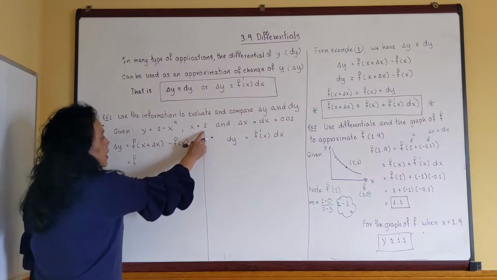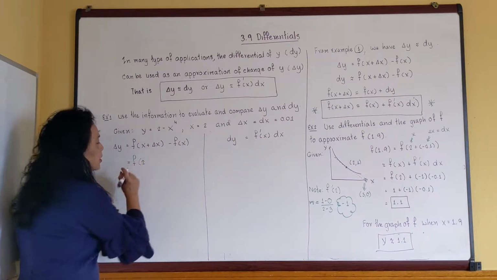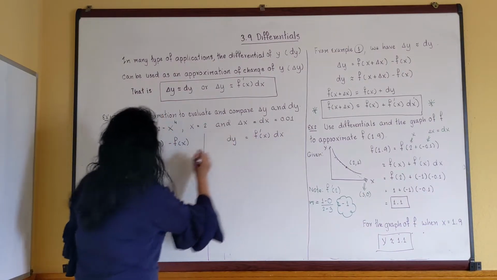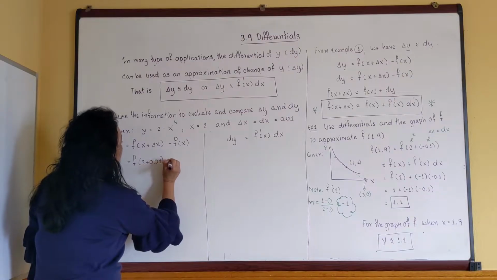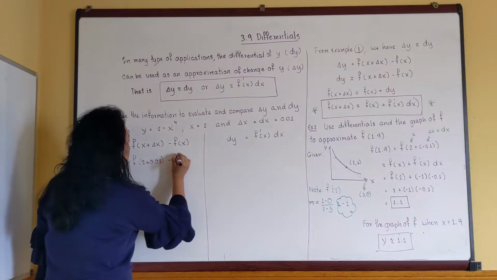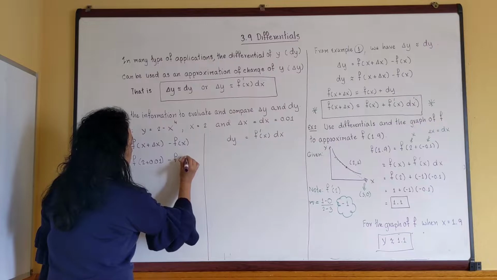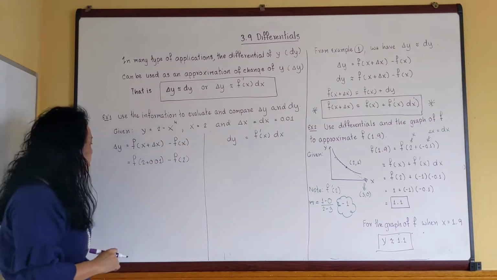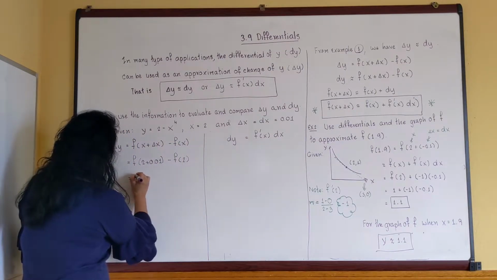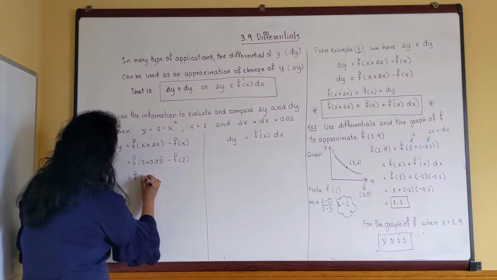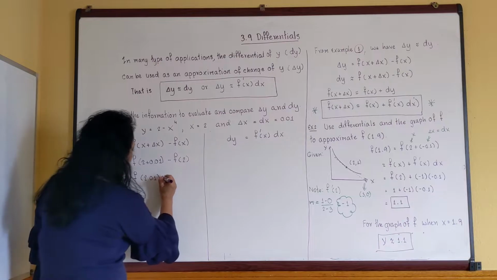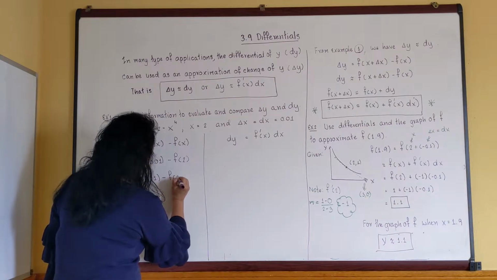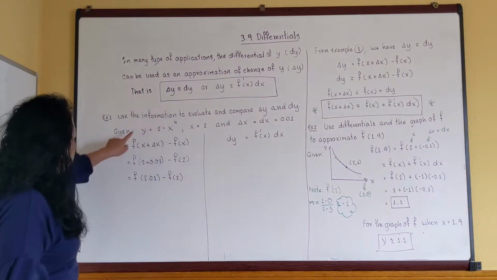F of x, my x is 2. My delta x is 0.01, minus f of x. So it will be f of 2, my x is 2. Now I'm going to simplify a little bit. This is f of 2.01 minus f of 2. So this is your f of x.